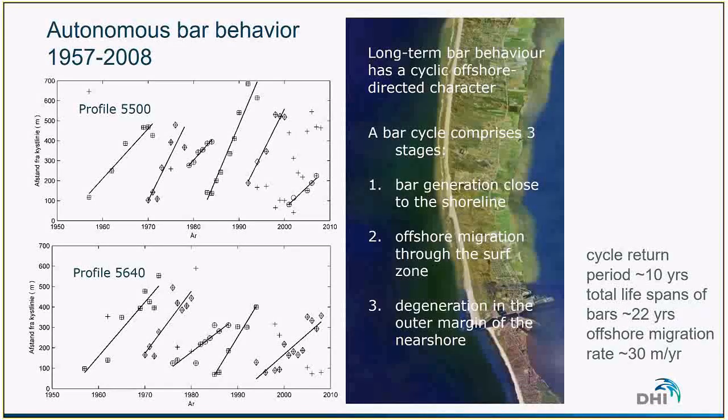Before optimizing the shape of the layout, we spent quite a lot of time investigating the coastal processes we were facing along that coast. We were very lucky because a lot of bathymetry surveys had been made for more than 50 years, and all this information was very useful.